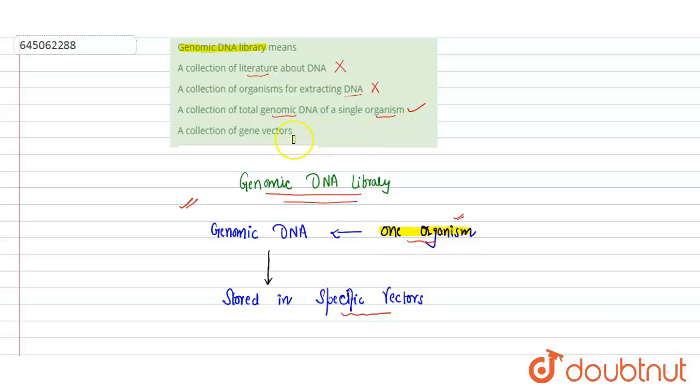So this is correct. Collection of gene vector: usually students get confused between these two options. Collection of gene vector is very incorrect because here gene vectors are used for storing purposes only. The DNA insert is stored in these specific vectors. So this is not a collection of vectors, this is a collection of genomic DNA. So this is also incorrect. Option C is correct. Hope you get it.